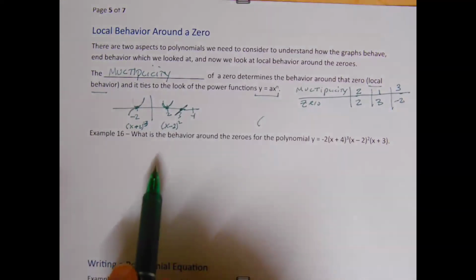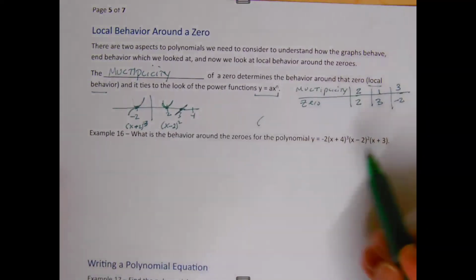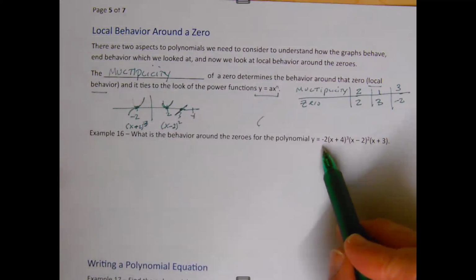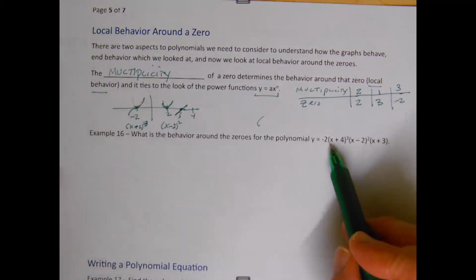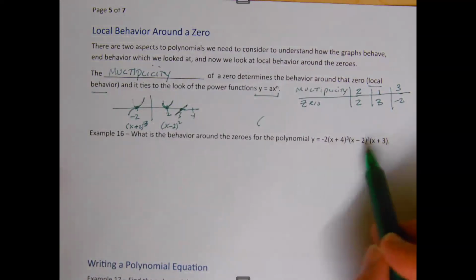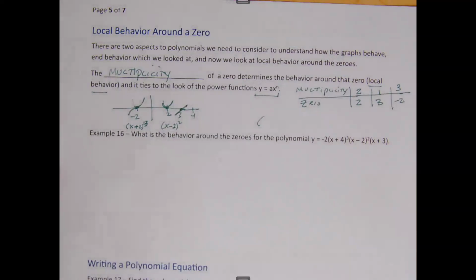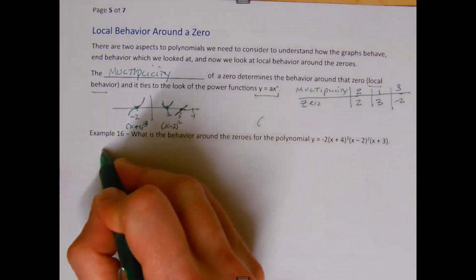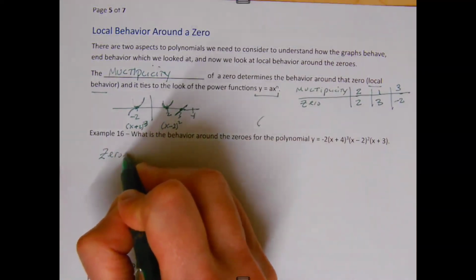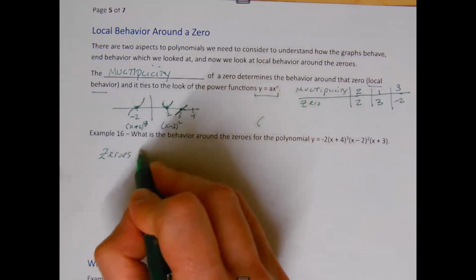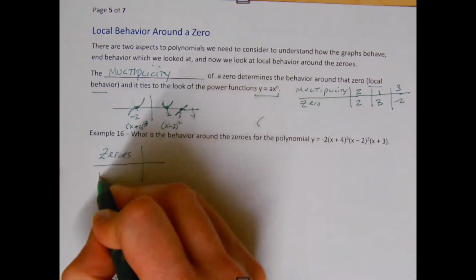So for example, what is the behavior around the zeros for the polynomial y equals -2 times (x plus 4) to the third times (x minus 2) to the second times (x plus 3)? Again, what I'm recognizing is the zeros and their multiplicities.